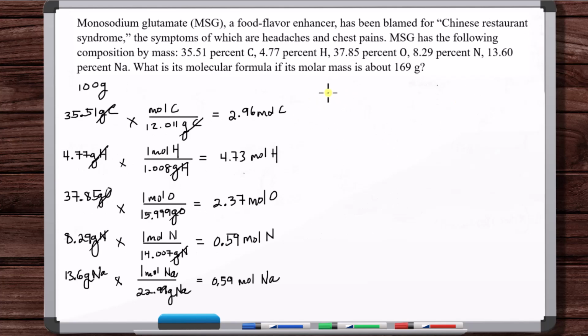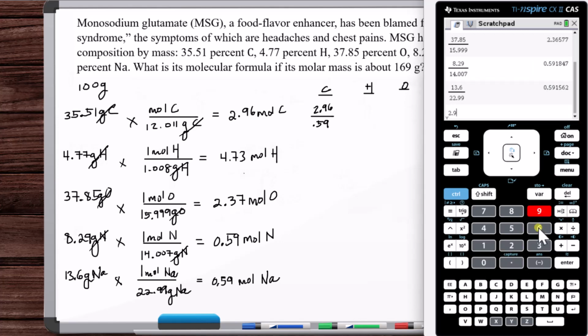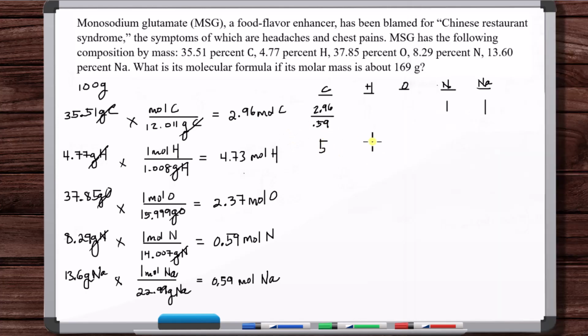All right. So we'll have carbon, hydrogen, oxygen, nitrogen, sodium. What is the smallest amongst these? It's the 0.59, so this is going to be a 1 and this is going to be a 1. Let's take 2.96 divided by 0.59, which is 5.